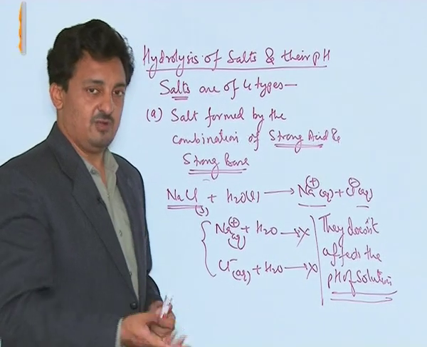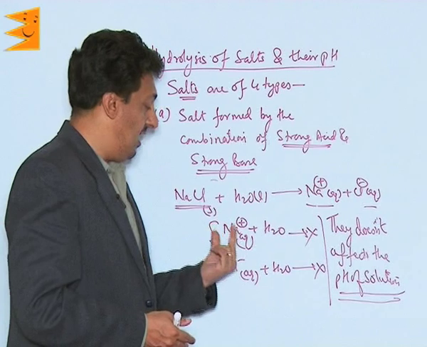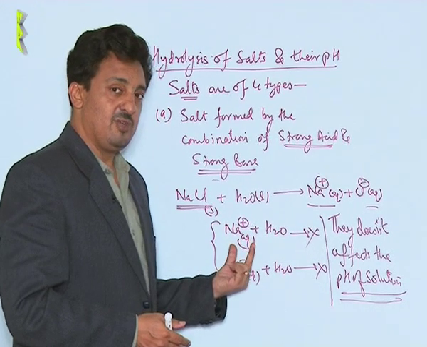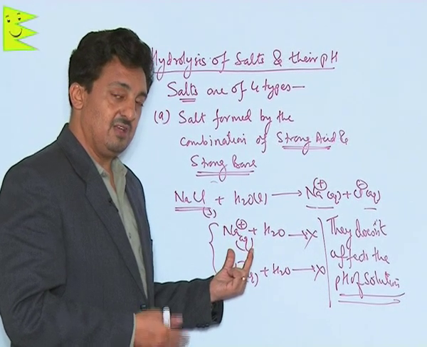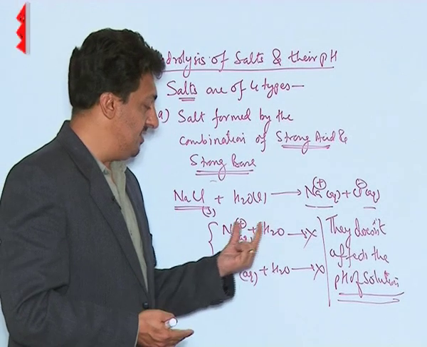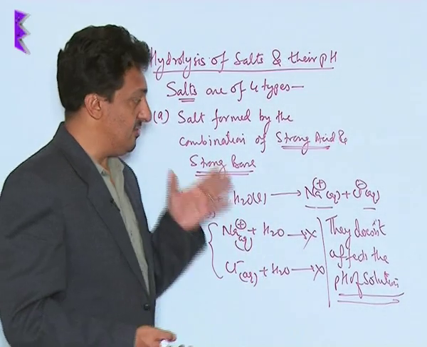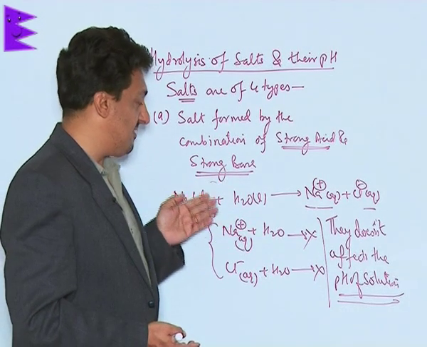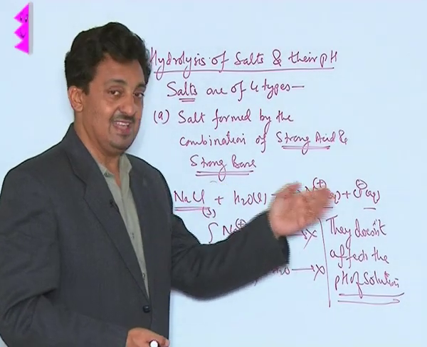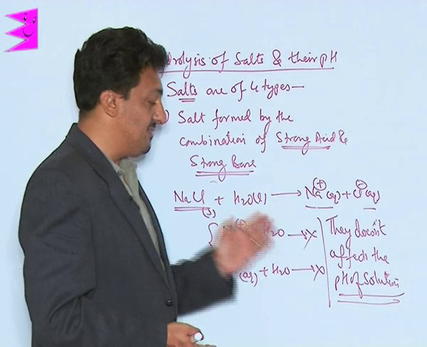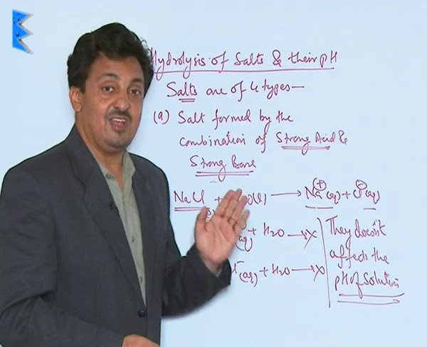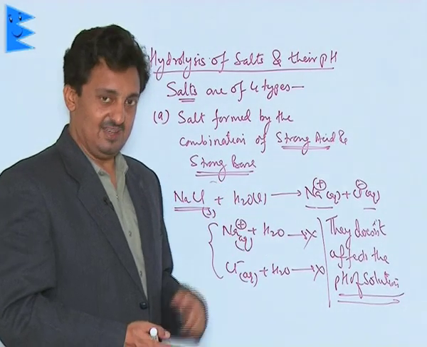It doesn't interact with water. Hydrolysis means how these ions, the respective conjugate acids or conjugate bases we get from the salt, interact with the water. If they react with water, it's called hydrolysis. So the salts of a strong acid and a strong base, whatever cation and anion they give, don't interact with the water, and never change the pH of the solution to which they are added.